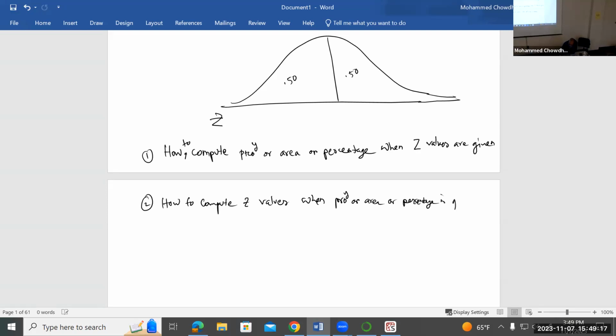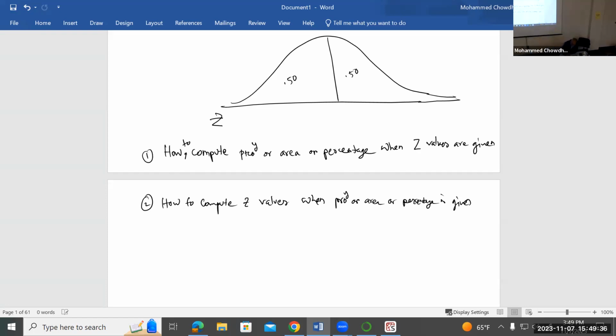So from the normal distributions, there are two types of problems altogether: either finding area or finding Z values. Clear, right?